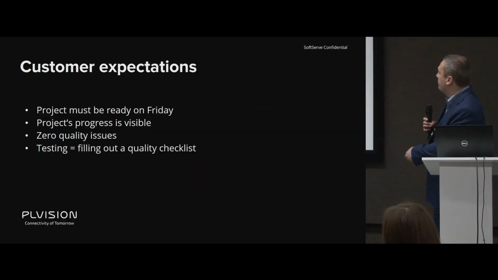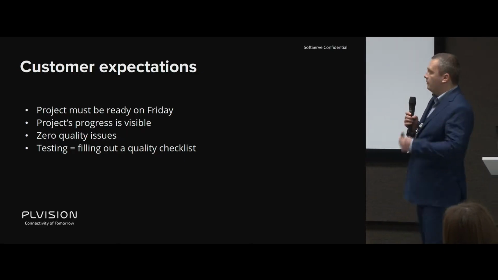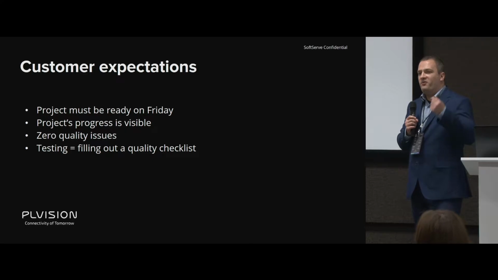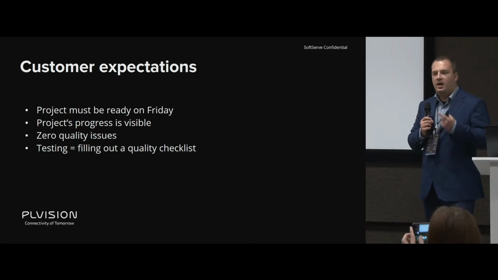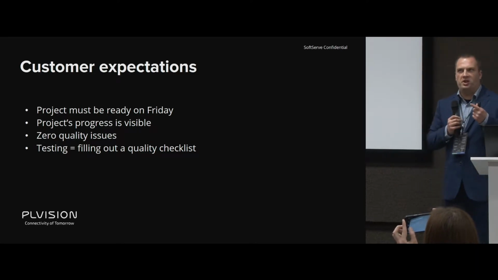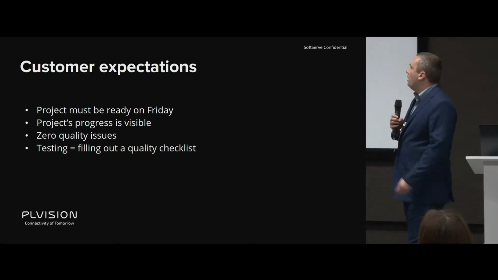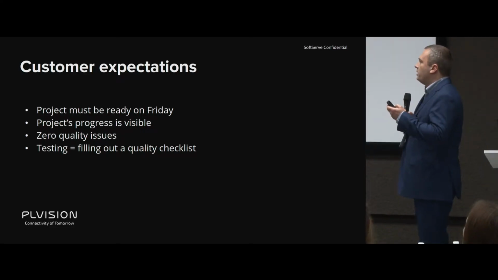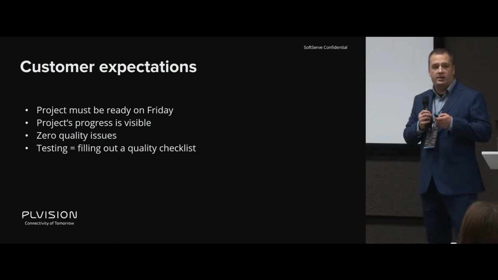Okay, let's try. Customer expectations, usually: fixed price and fixed date. They don't care how, when, and what it costs you to do this project. The customer works in a very specific area where everything is visible.